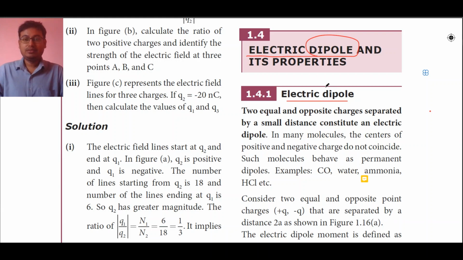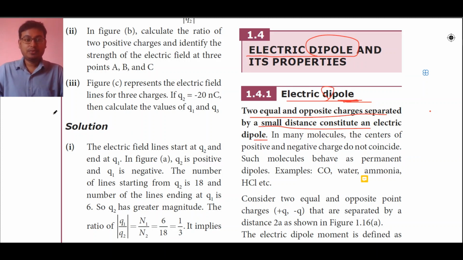See, di means two and pole means two adjacent or two different positions, or two different phenomena. So two equal and opposite charges separated by a small distance constitute an electric dipole. As the definition suggests, two equal and opposite charges.